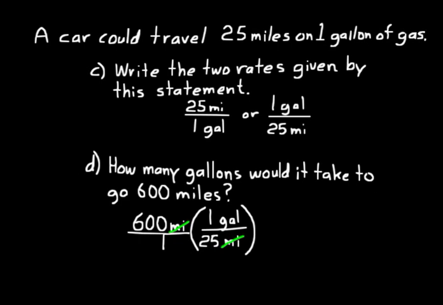As far as numbers, we have 600 times 1 in the numerator, which is 600, over 1 times 25, which is 25 gallons. 600 divided by 25 happens to equal 24. So we can say 24 gallons. That's our answer.